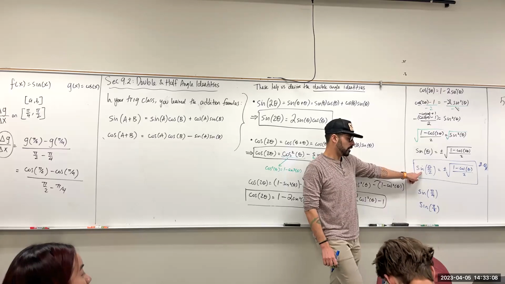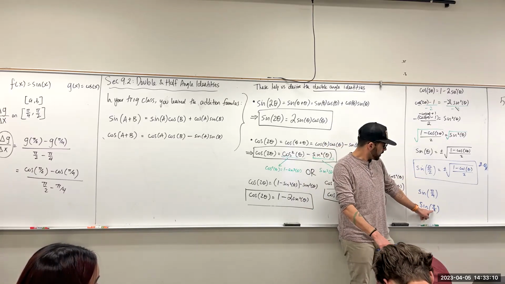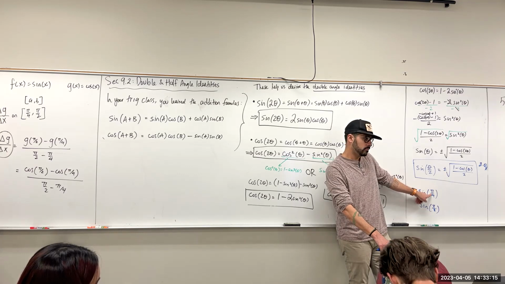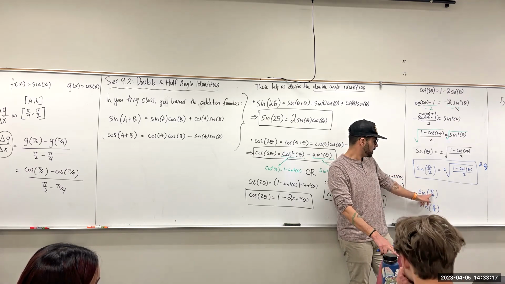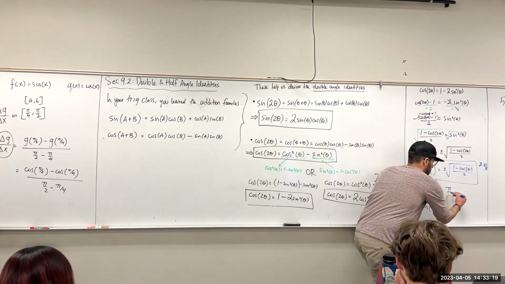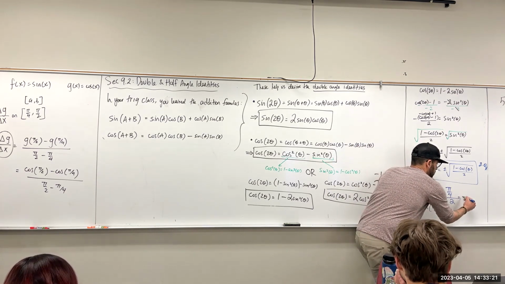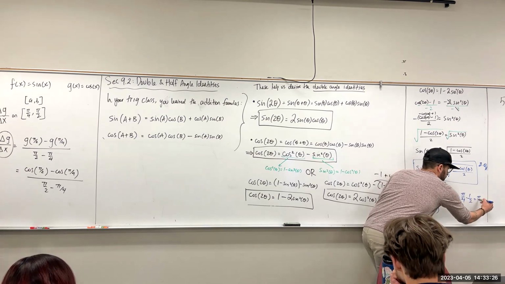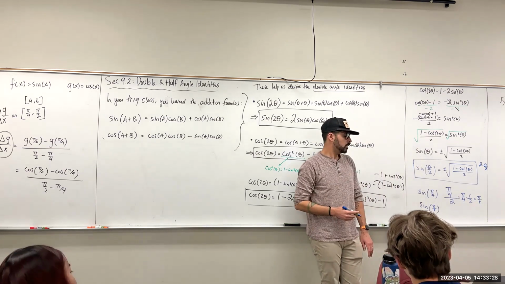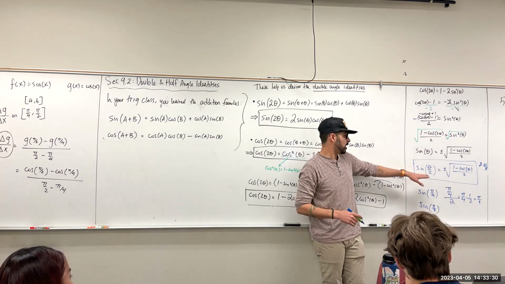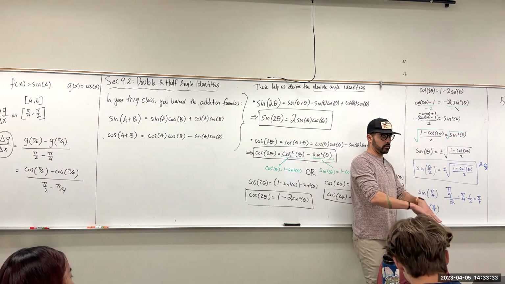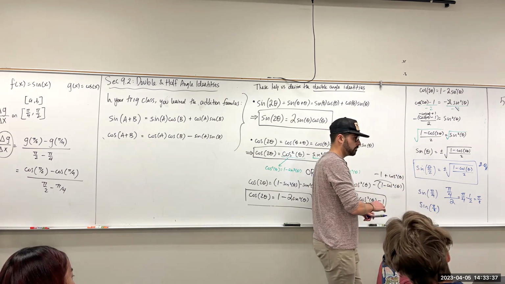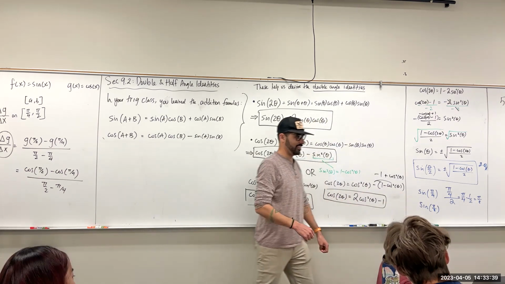But this formula says this angle is half of this angle. If I divide pi over 4 by 2, that's pi over 4 times the reciprocal, pi over 8. So this formula is going to help you evaluate smaller angles than we've been able to do. That's where I'm going next. Great question. Like, why are you showing me this?